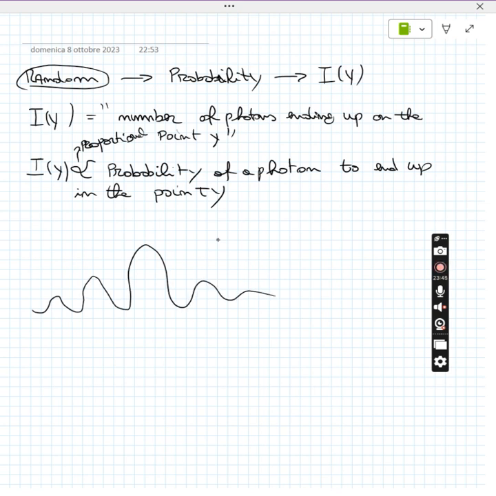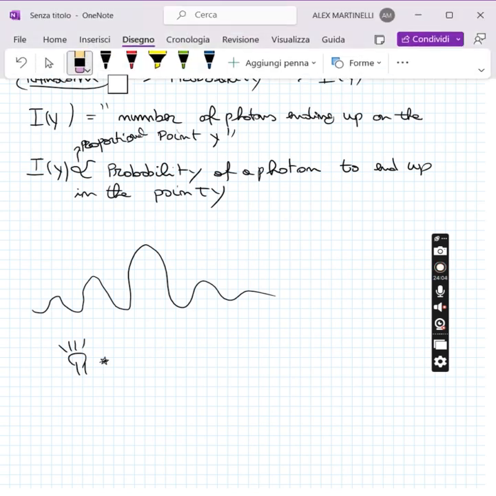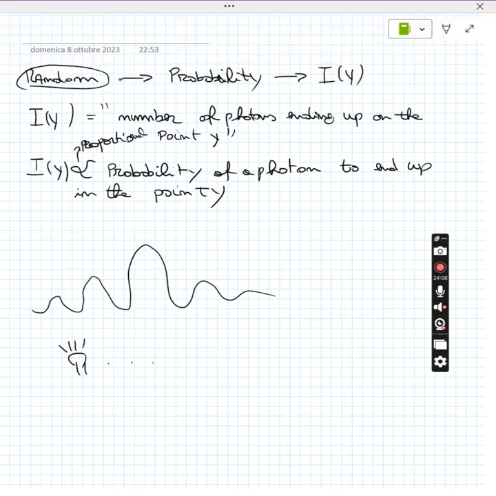So this means that, imagine a source. I will try to be more clear. You have a source of light. You can build an experimental setup to make sure that you send a light so feeble that you are sending few photons at a time. Okay, you have two slits, a few photons at a time, and you have a screen.